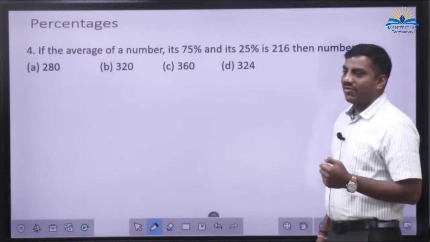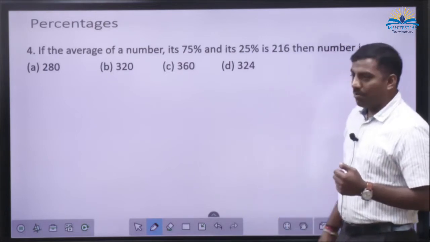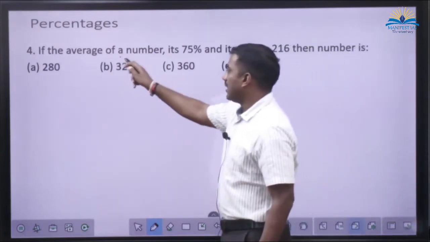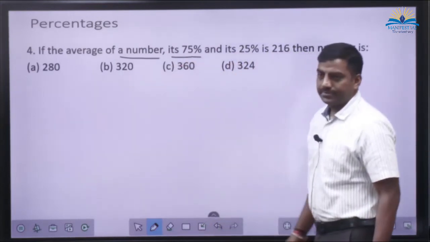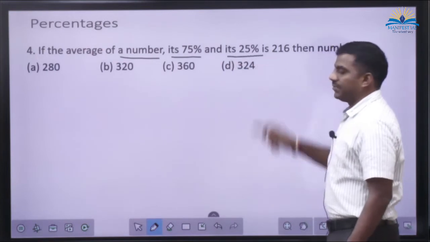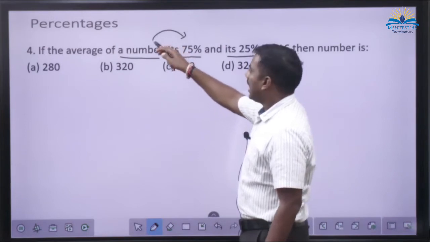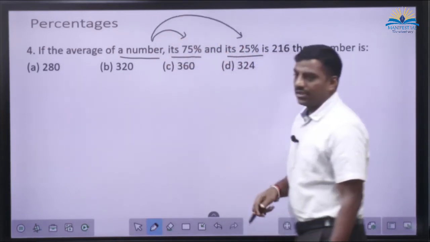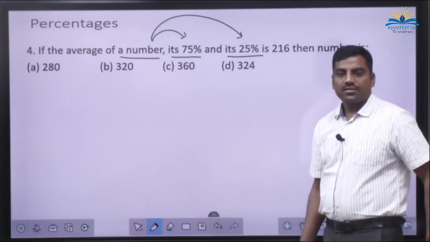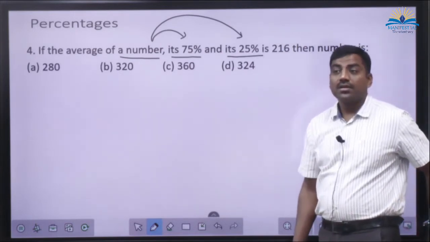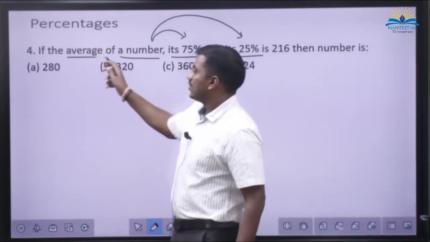Now this is the application of average also. If the average of numbers... one number, and 75% of it, and 25% of it. That means this number, this number's 75%, and this number's 25%. Totally how many numbers are there? They are taking the average of how many numbers?